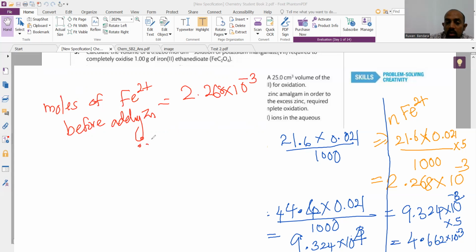Therefore, the concentration of Fe3 plus is 25.